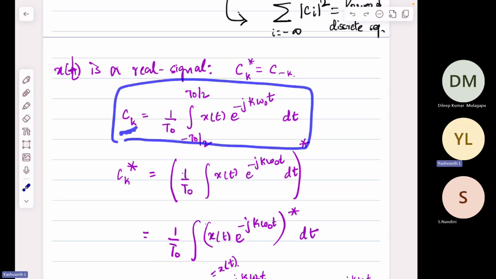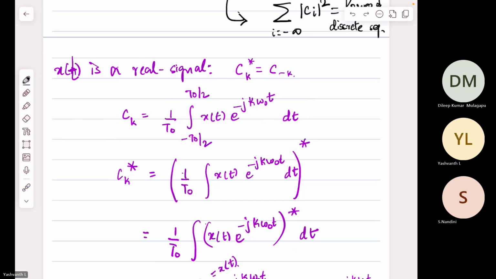What is c_k? It is the kth Fourier coefficient, which is defined as 1 by T naught integral from minus T naught by 2 to plus T naught by 2 of x of t e power minus j k omega naught t dt. What is omega naught? Omega naught is the angular frequency of the continuous time domain signal.